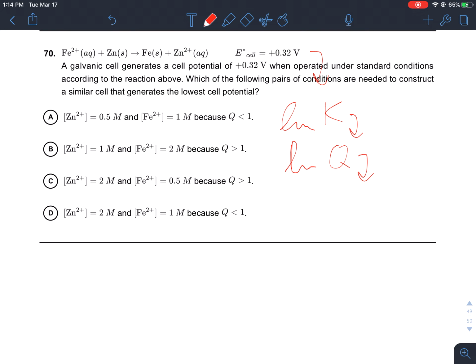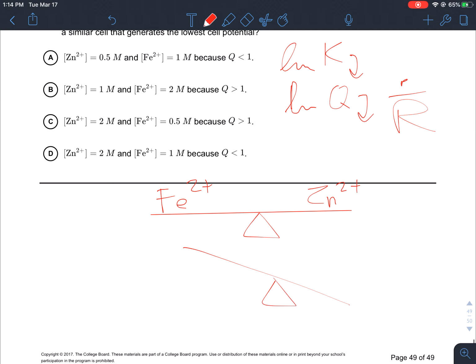How do we drop the ln Q? You need more reactant and less product, okay? More reactant and less product. And let's look at your Le Chatelier seesaw. You get Fe2+, you get Zn2+. I need more reactant. How do I get more reactant? Well, if I add a bunch of Zn2+, I will create more reactant to get back to equilibrium.